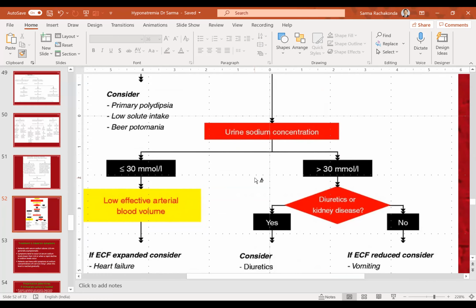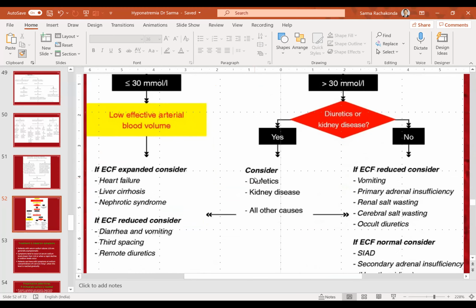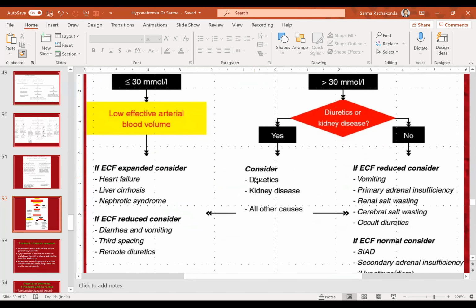Low effective arterial blood volume and expanded ECF, that is, hypotonic hypovolemic states. And these are hypervolemic states, expanded ECF: heart failure, cirrhosis, nephrotic syndrome also. The other way around, diuretics and kidney disease may be the cause when urinary sodium is more than 30 milliequivalents.